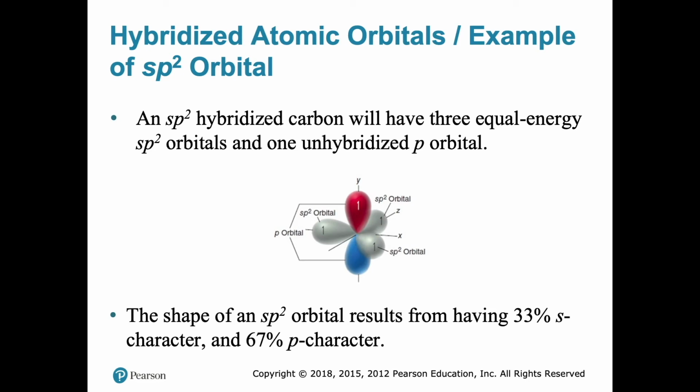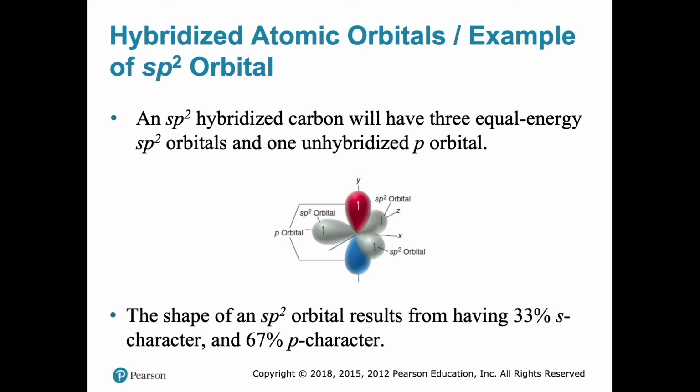And so notice what's going to happen here. This one here will come over here and form a bond with the hydrogen. This one here will form a bond with the other hydrogen, in ethylene. This one here will form a sigma bond with carbon. And then this p orbital will do what? It will form a pi bond with the other carbon.